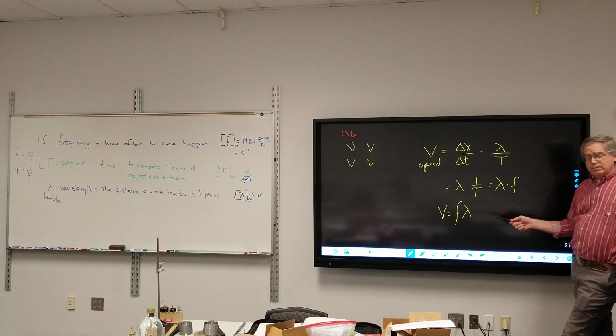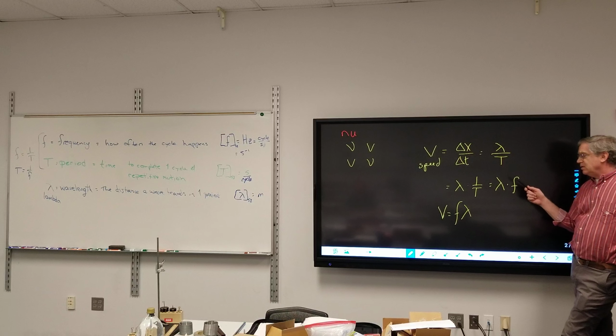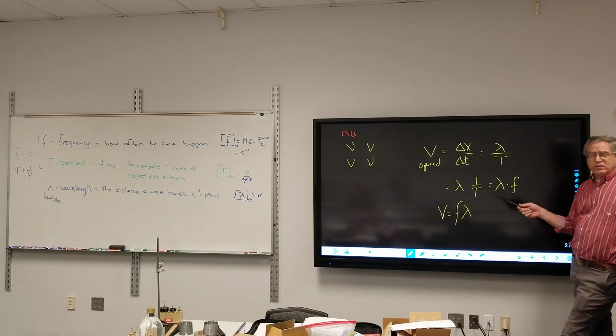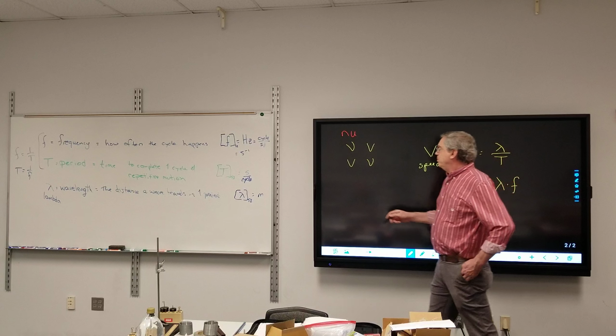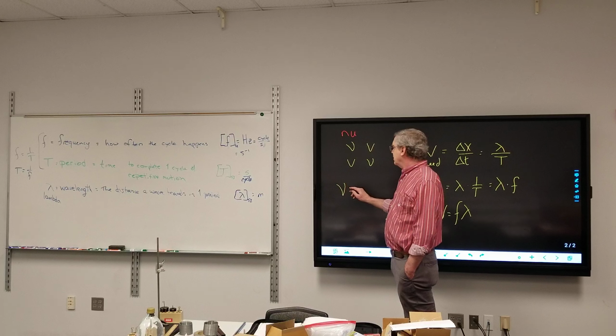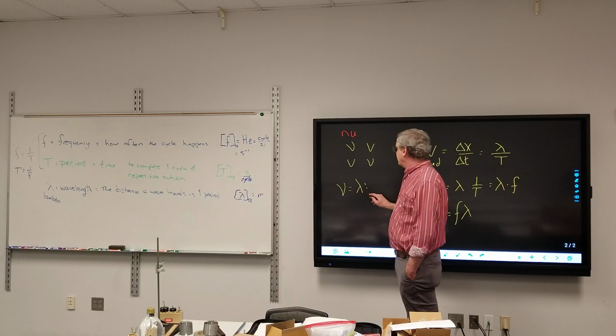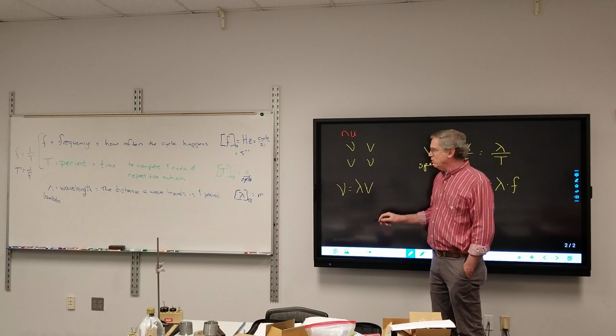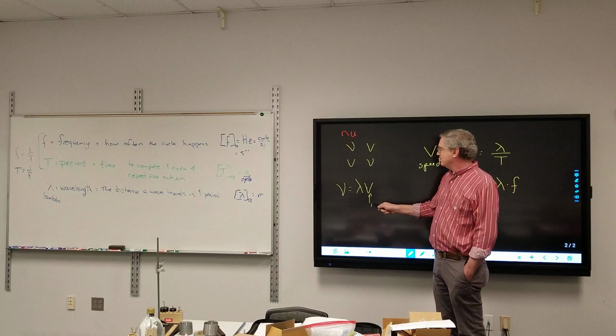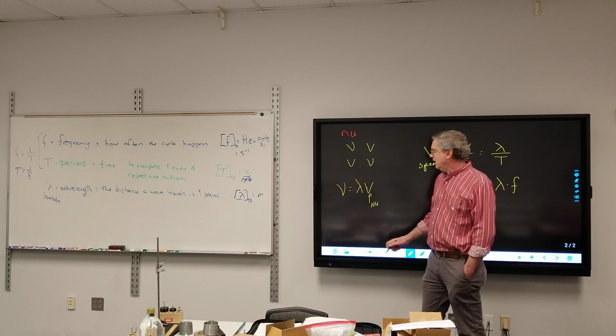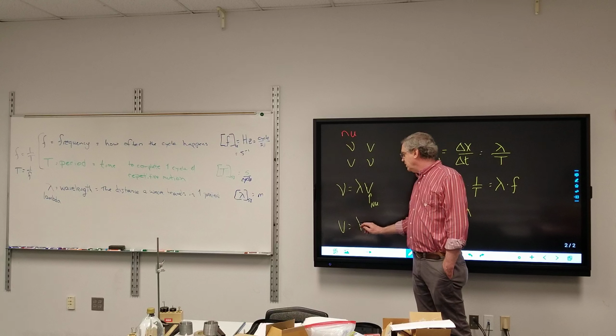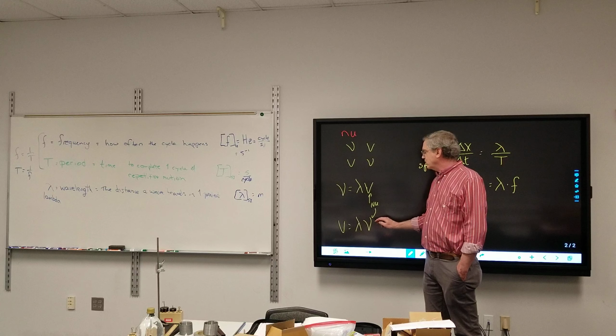This is the formula that allows you to figure out what's a V and what's a nu. If you see this formula, then you know the nu looks like this. If you see this formula, then the nu looks like that.